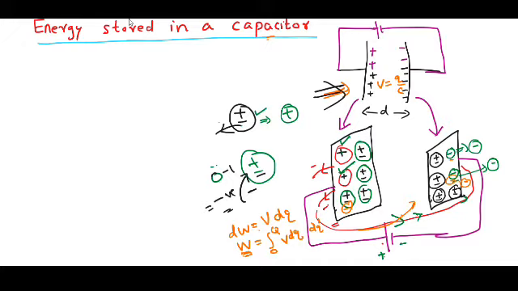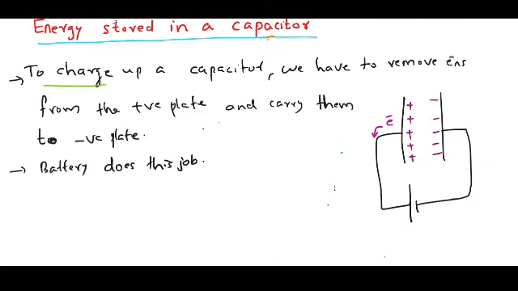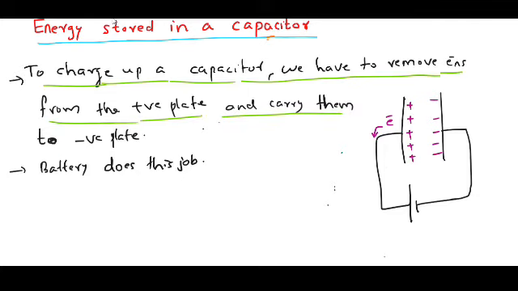Now let us note each step. To charge up a capacitor, we have to remove electrons from the positive plate and carry them to the negative plate. If you see this figure, we carry the electron from this positive plate and deposit it on the negative plate. In this way, the capacitor is charged.